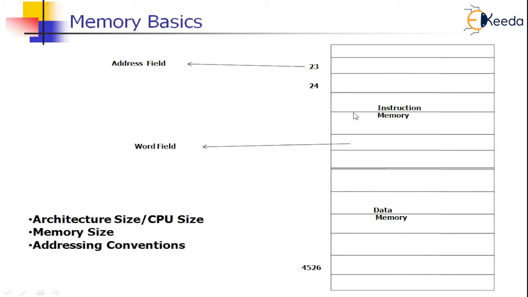Instruction memory is contiguous, that is, one after another. Data memory need not be contiguous. The nature of the data memory is non-contiguous. The nature of the instruction memory is contiguous. So now we are all set to start designing our register set, having discussed these basics.